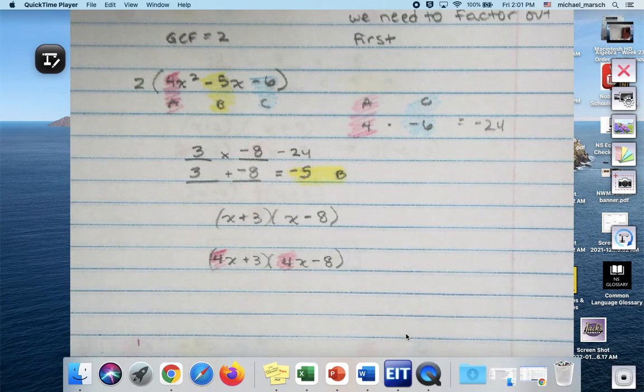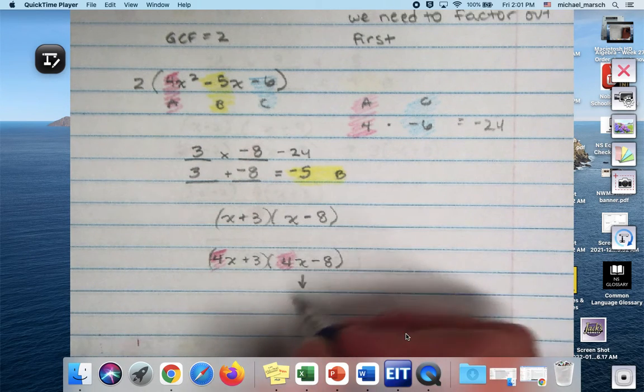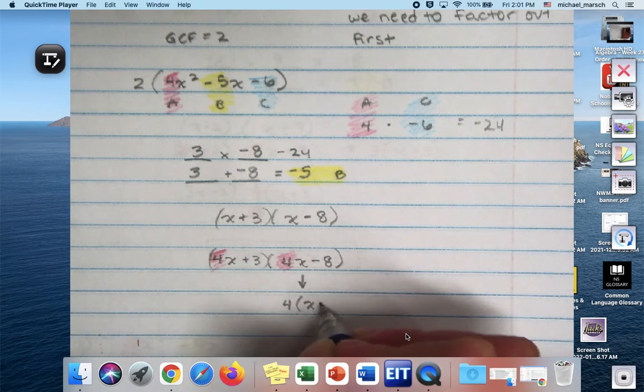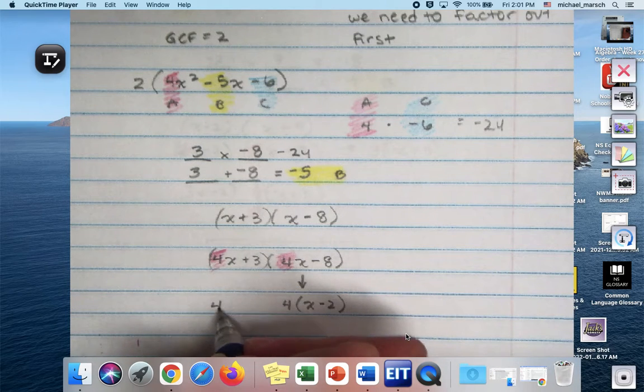Avery, which of these has a greatest common factor? 4x minus 8. Yep. So I'm going to have 4 times the quantity x minus 2 and 4x plus 3.